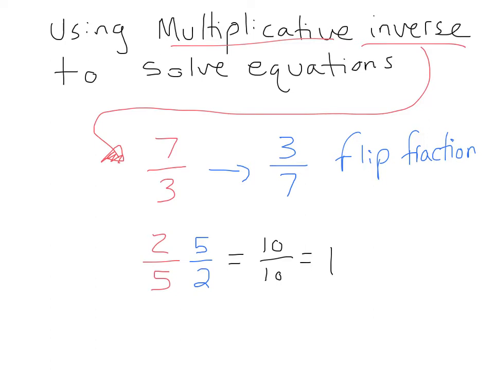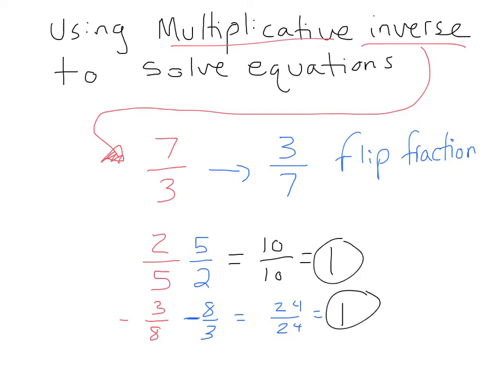Anytime you take a number like 3/8, negative even, and multiply it by its reciprocal, otherwise known as the multiplicative inverse, you will get the answer of 1. Take a number or a fraction, multiply it by its reciprocal, and you will get 1. That's where we start.